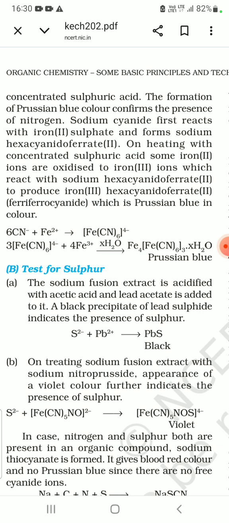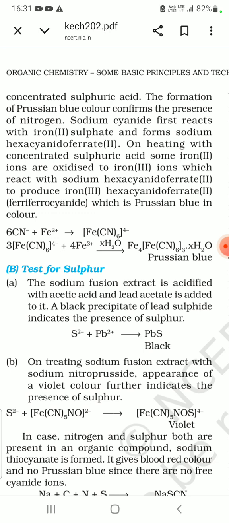You can look at the reaction. Sodium cyanide first reacts with iron(II) sulfate and forms sodium hexacyanoferrate(II).